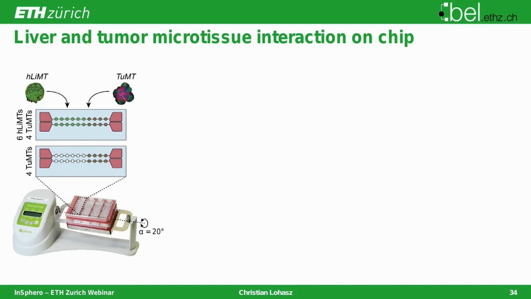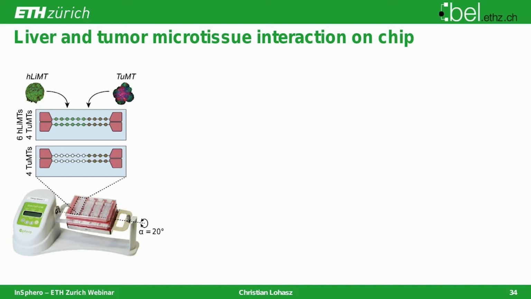This experiment was meant to show whether the two types of microtissues could interact with each other, and whether we could see an effect of the prodrugs on the tumor microtissues. As negative controls, we also cultured 4 tumor microtissues on chip in the absence of liver microtissues.